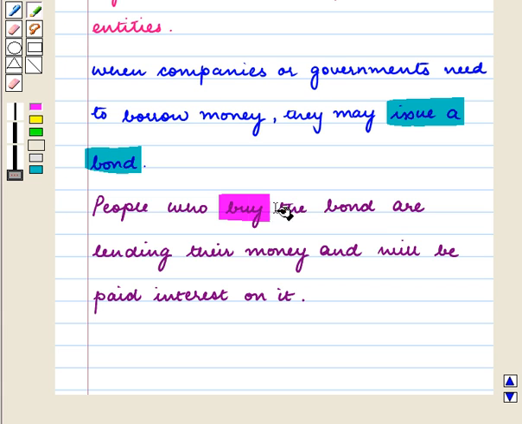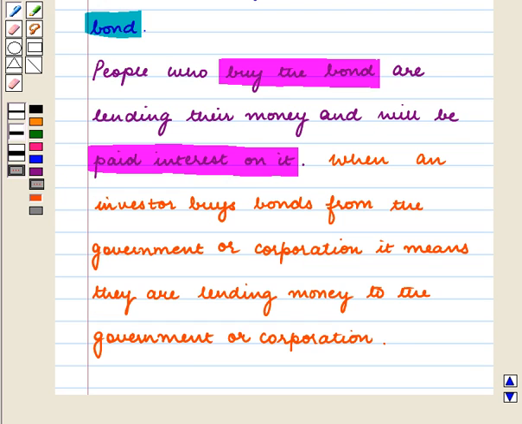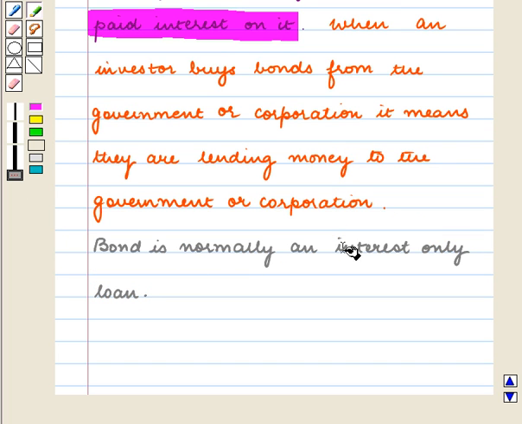People who buy the bond are lending their money and will be paid interest on it. When an investor buys bonds from the government or corporation, it means they are lending money to the government or corporation. Bond is normally an interest-only loan.